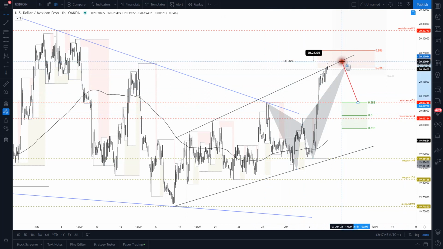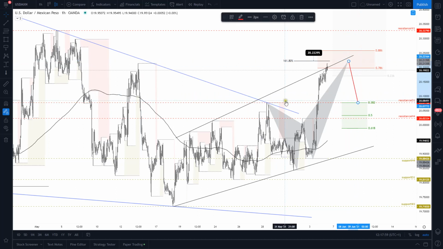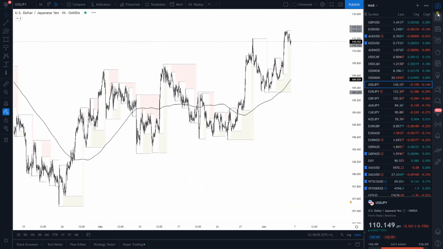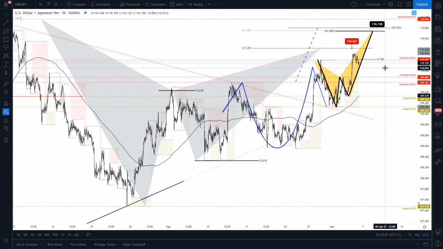If the market forms that crab pattern at 168 extension, the pattern will suggest a retracement, which will nail the previous structure resistance level. Dollar versus the yen, similar expectations.